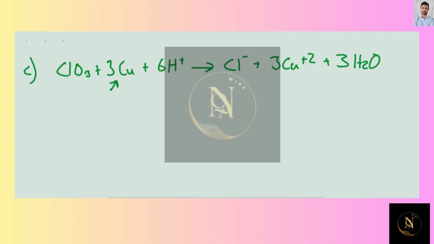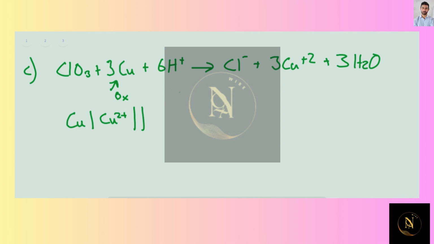So first we can write the cell. First, we can see that the oxidation is occurring with copper. Copper is being oxidized from copper 0 to copper 2 plus. So we can start our cell by writing copper, single line, copper 2 plus.